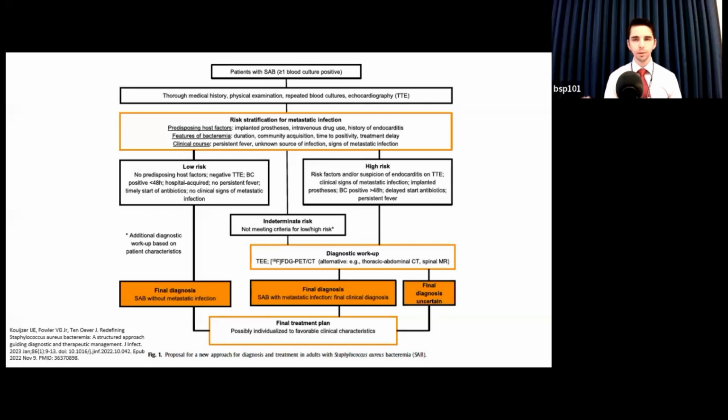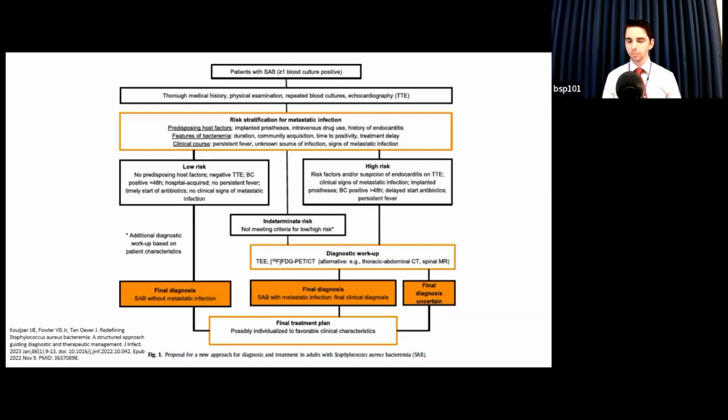And you're stratifying based on predisposing host factors, like the patient who has a prosthetic hip or a prosthetic valve. Features of their bacteremia: how long it was present, did they acquire it from the community, and was there a delay in treatment? And then their course of bacteremia, or do they have persistent fever? Do they already have signs of metastatic infection? And using those features, patients are categorized as low risk or high risk.